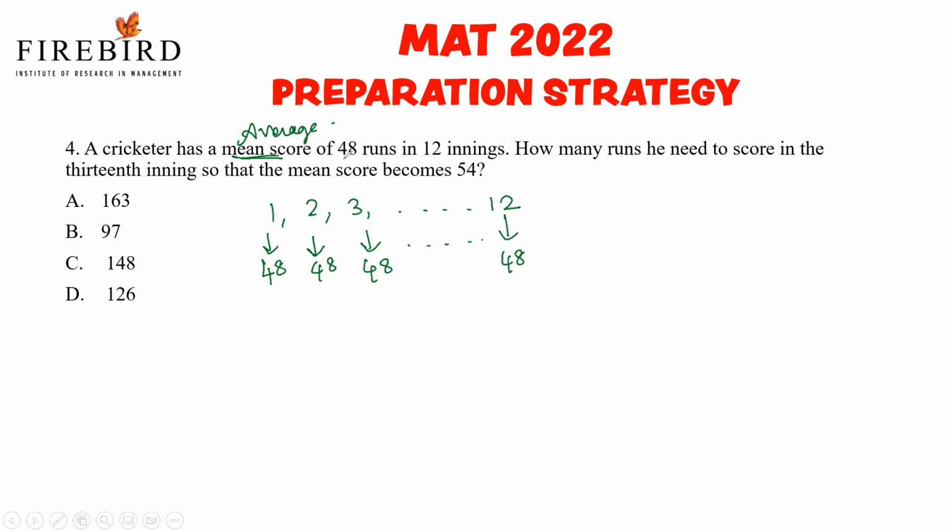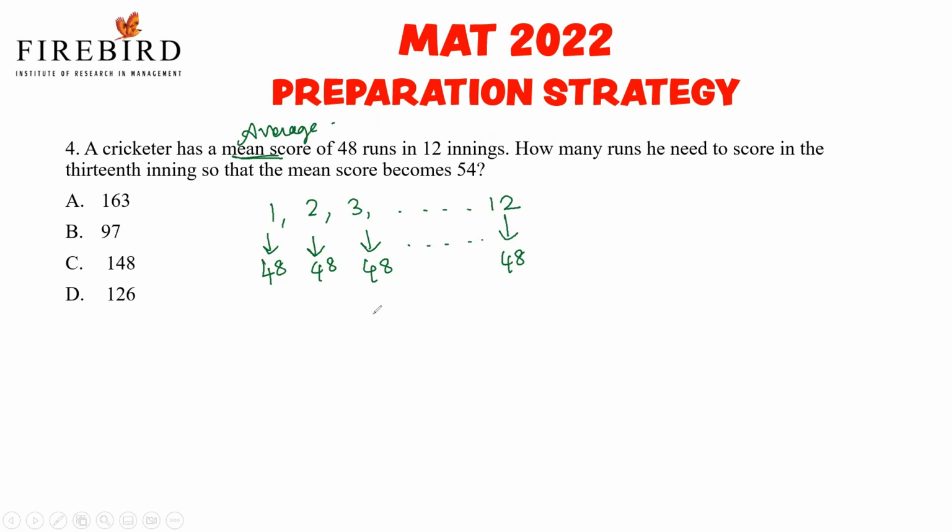Okay, so if his average is 48 runs in 12 innings, then let us assume that he scores 48 runs in every innings. Now, the question is how many runs he needs to score in the 13th inning so that mean score becomes 54.